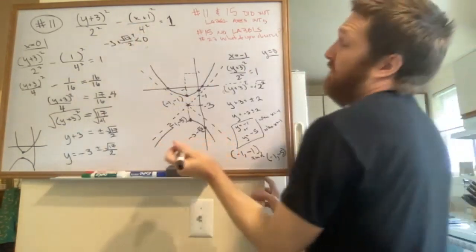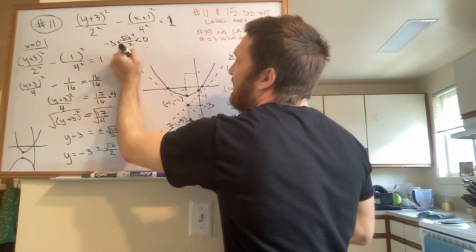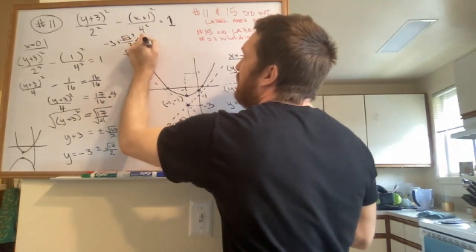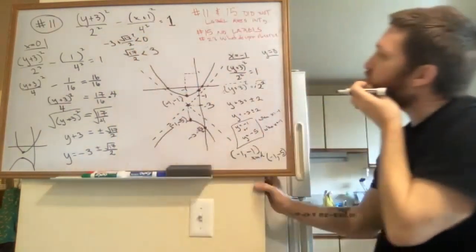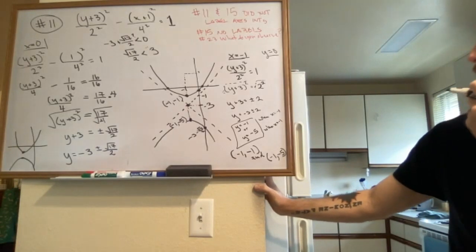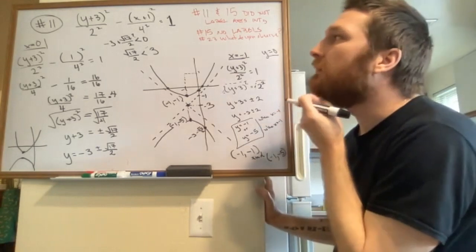Well, how about I take that 3 over to the other side and say that's the same question as asking, is root 17 over 2 less than 3? Why did I do that? Well, I'm dealing with an inequality.